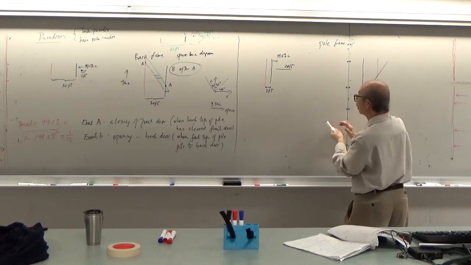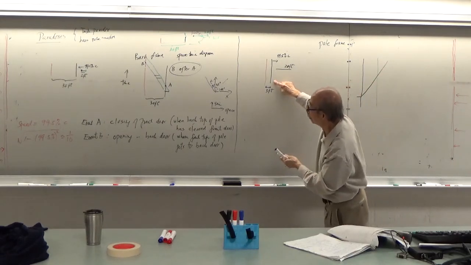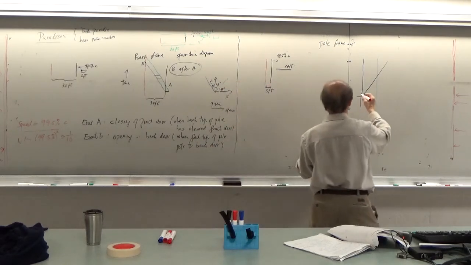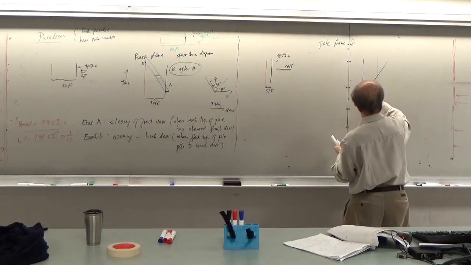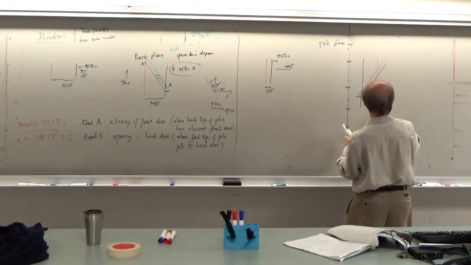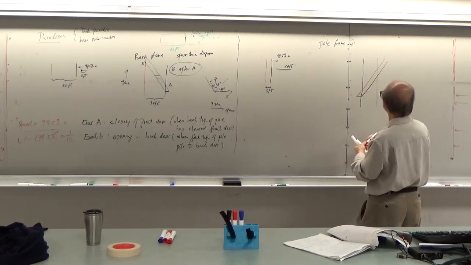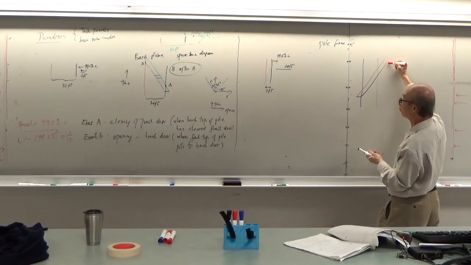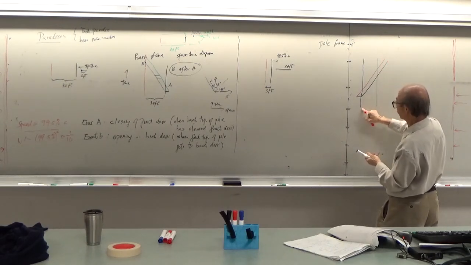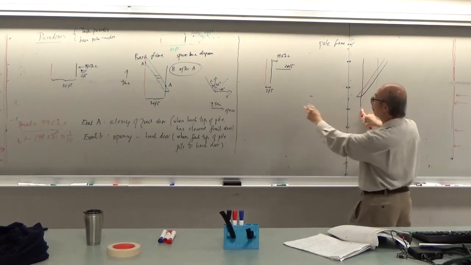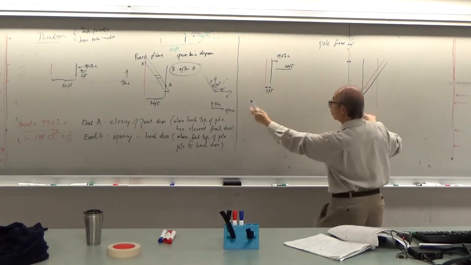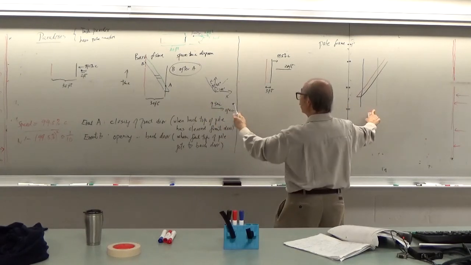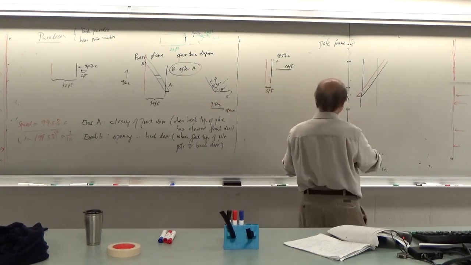That is the front door, and the back door is in red. This would be the trajectory of the back door, and this the trajectory for the front door. This is the trajectory in the space-time diagram for the front tip of the pole, and this one corresponds to the back tip of the pole.